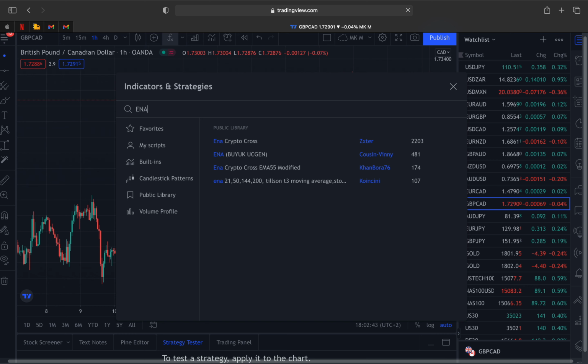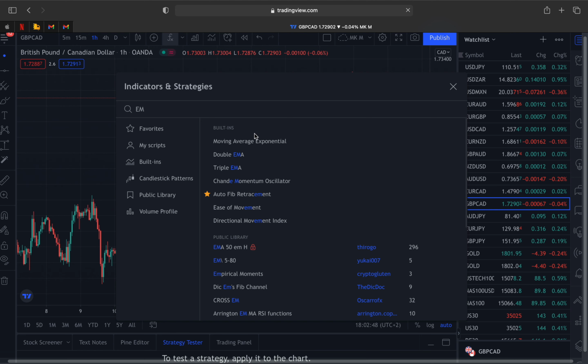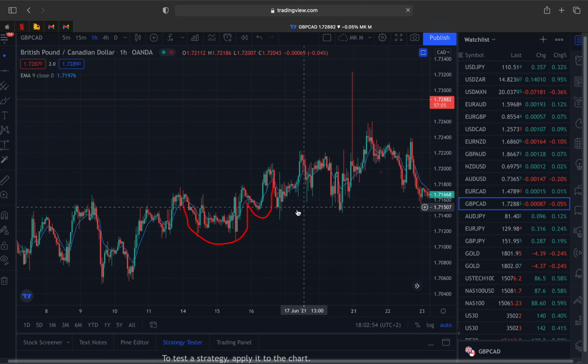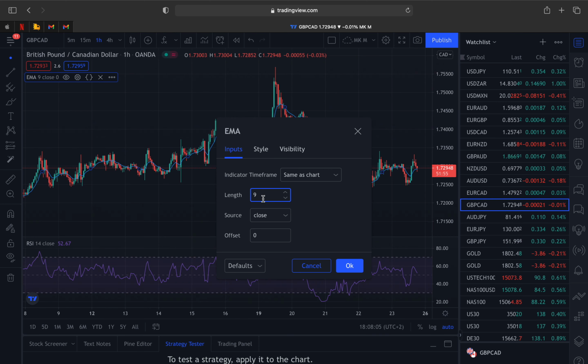Okay, moving average exponential. Let's delete this so that everything can be clear. What you want to do is change the settings of this, change the length from 9 to 89.